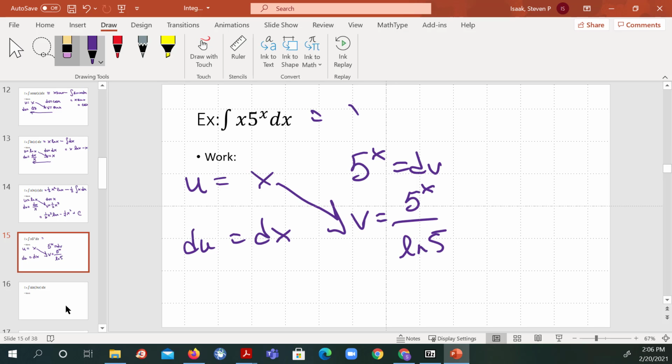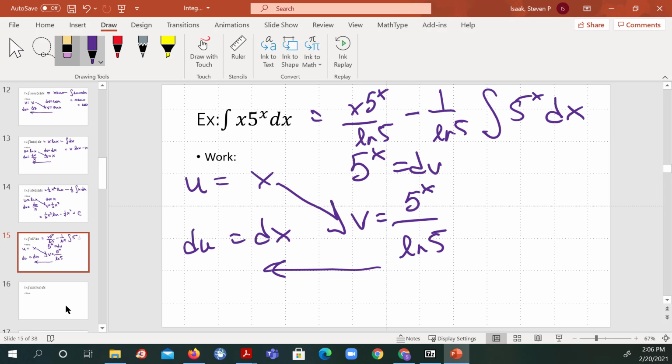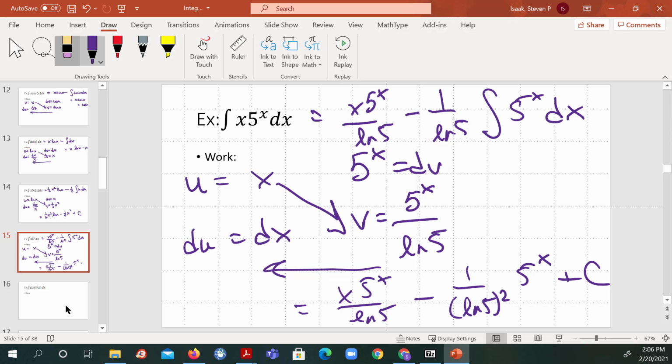So this is x times 5 to the x divided by ln 5 minus 1 over ln 5 times the integral of 5 to the x dx. My final answer is x 5 to the x over ln 5 minus 1 over the quantity natural log 5 squared, times 5 to the x, plus a constant.